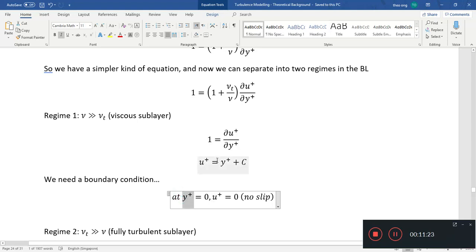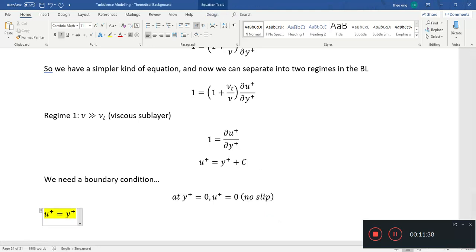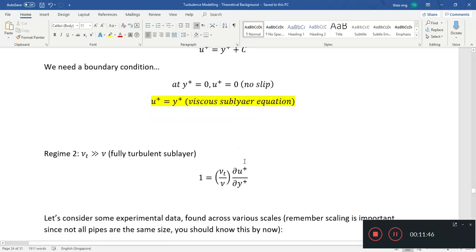So this is essentially our no slip condition. So C equals 0, and this is the equation for the viscous sublayer. Viscous sublayer equation. No problem.